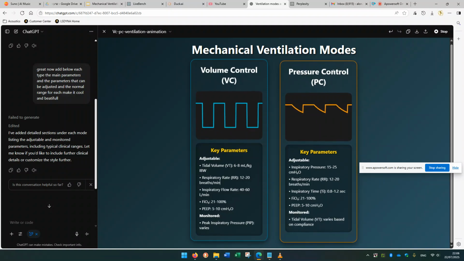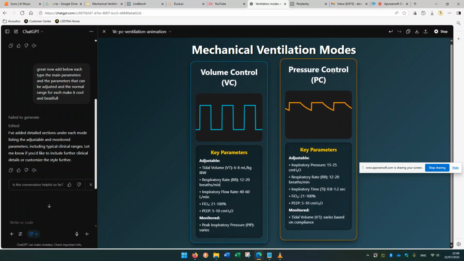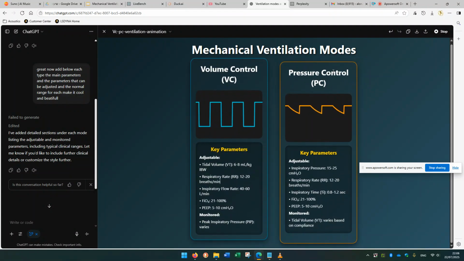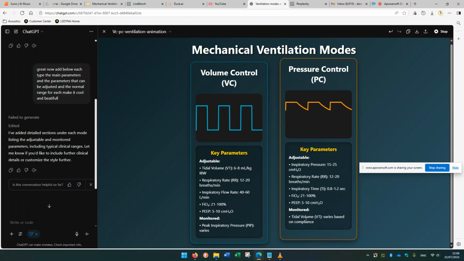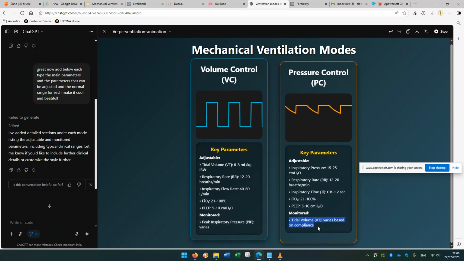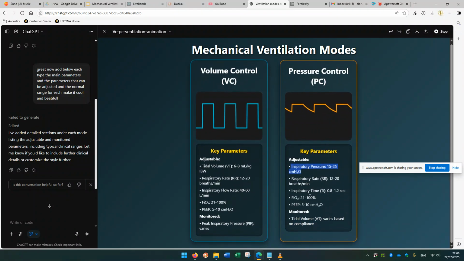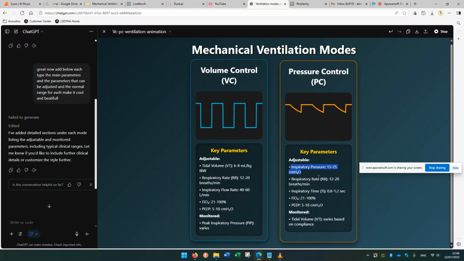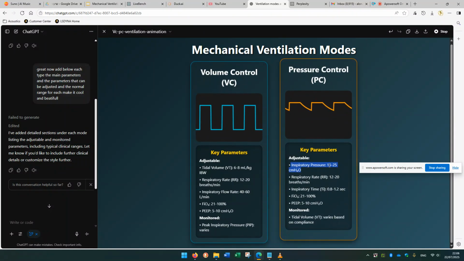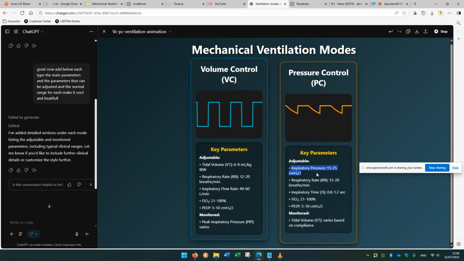Now, the pressure control ventilation, as we said, we adjust the pressure, and the volume that the patient will get needs to be monitored because I don't know what the volume will be, but I know what the pressure will be. I set the inspiratory pressure for the patient, for example, between 15 to 25 centimeters of water.